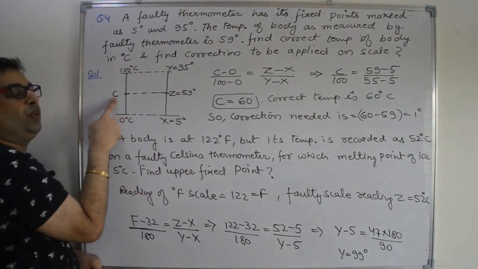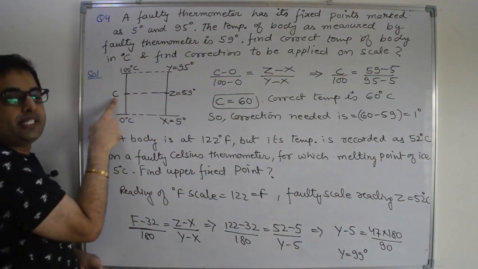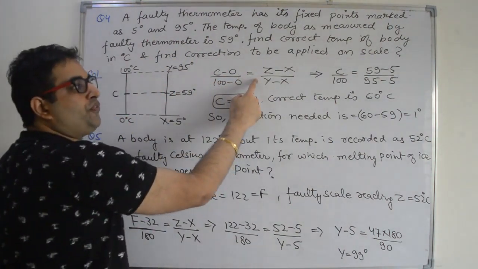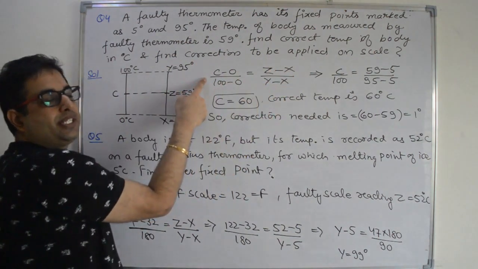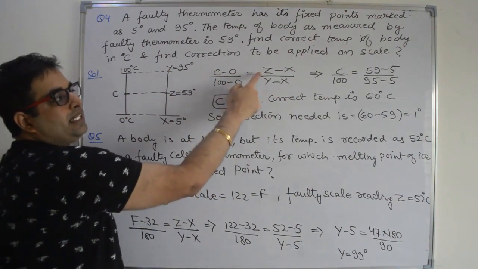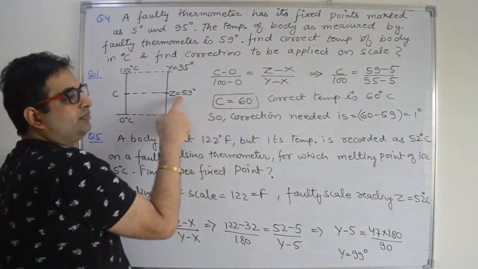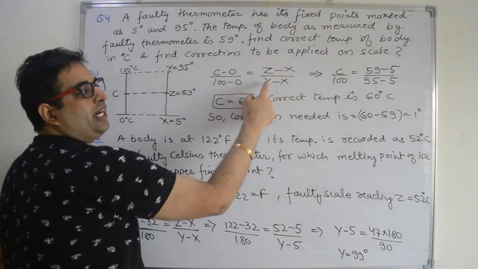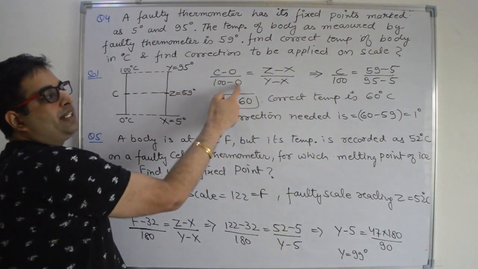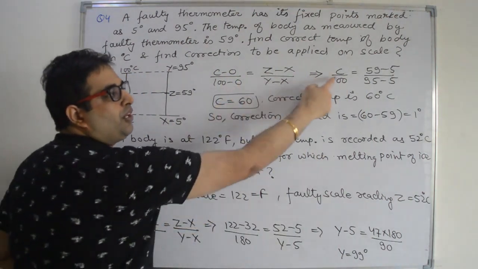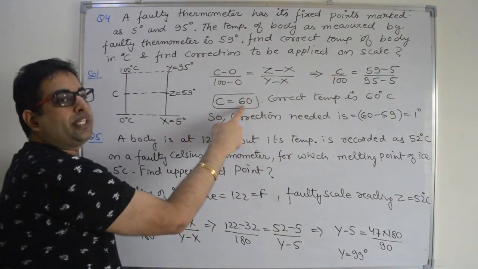We have to find out the reading of Celsius scale, right? So use the formula relating the faulty thermometer and Celsius scale. Compare it. Z is given to you, 59. Lower fixed point and upper fixed point both are given to you. And here it is 0 and 100. Solve it. You will get C equal to 60.